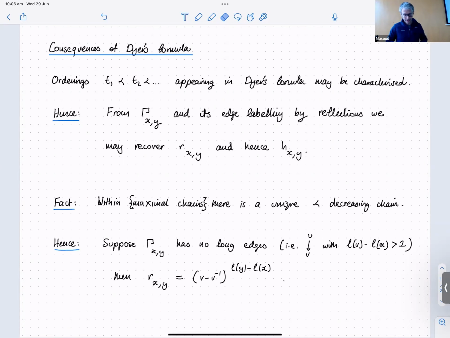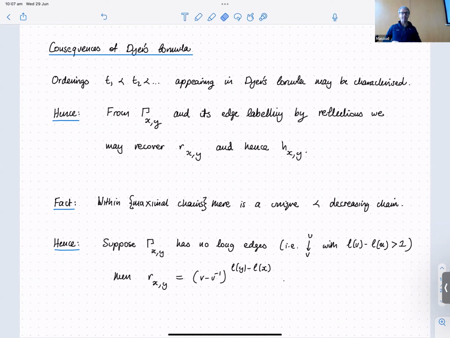Another beautiful thing is that if we look at maximal chains, so paths where we never take a long edge, then within every maximal chain, there's a unique order decreasing path. And what that tells us is that if there's no long edges, then the only decreasing path is this one.